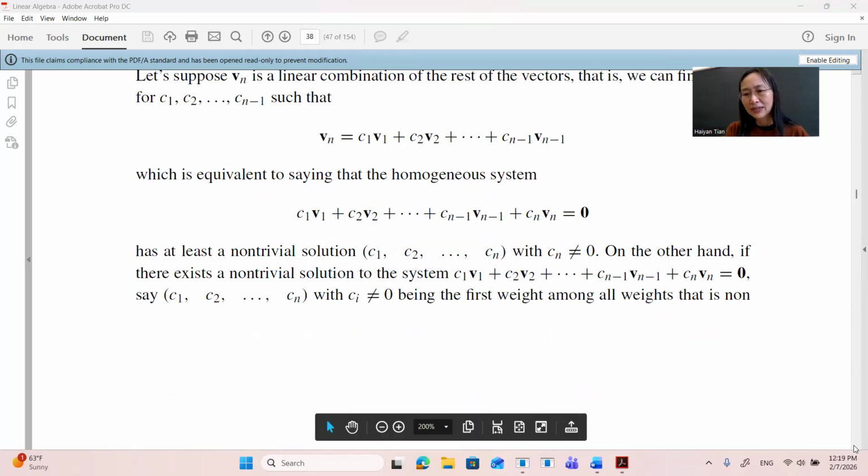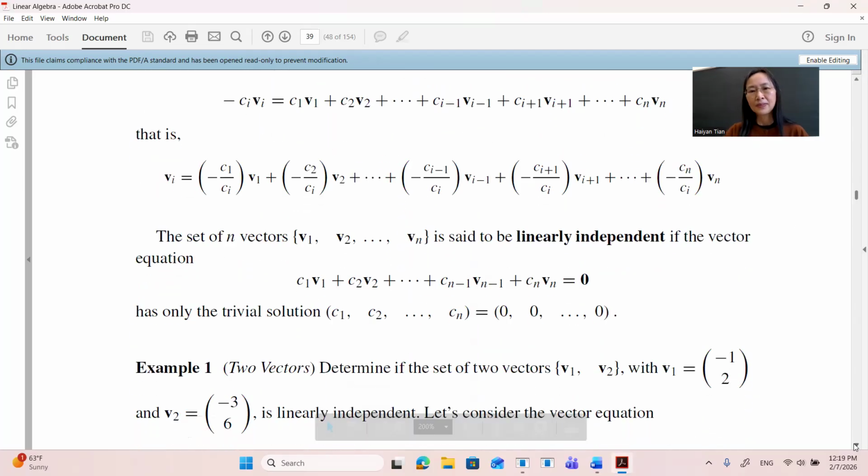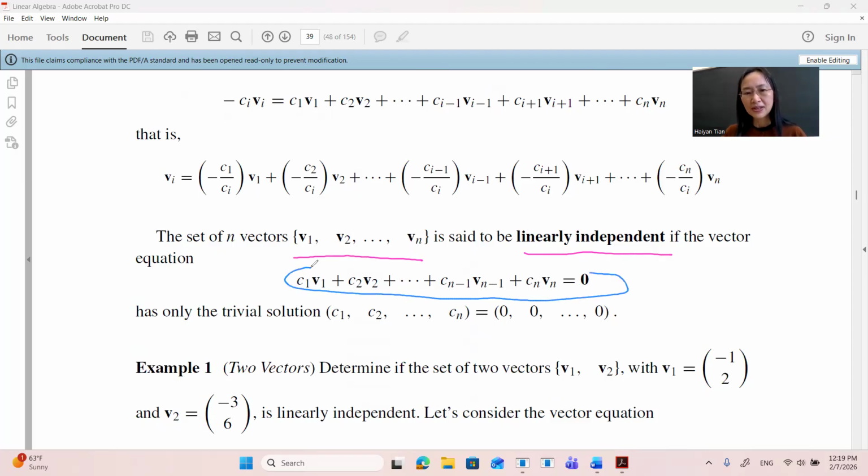Because of that, we define linear independence as this one. A set of n vectors is said to be linearly independent if this homogeneous system has only the trivial solution.